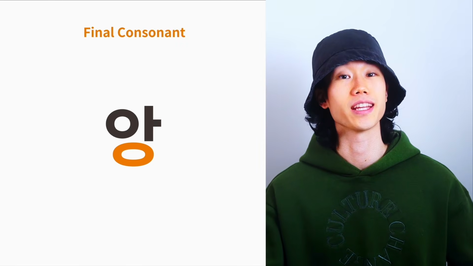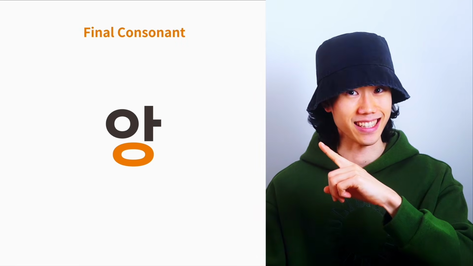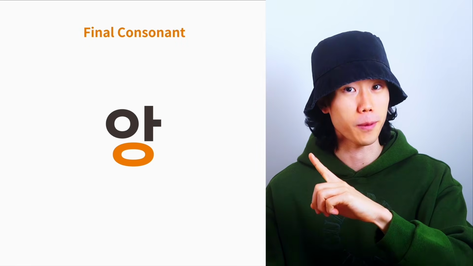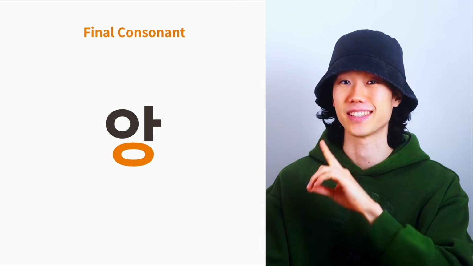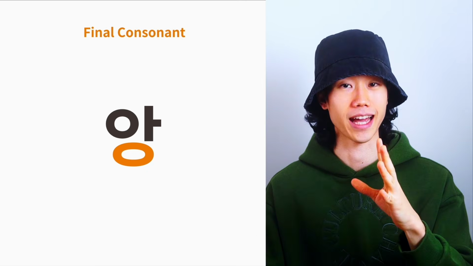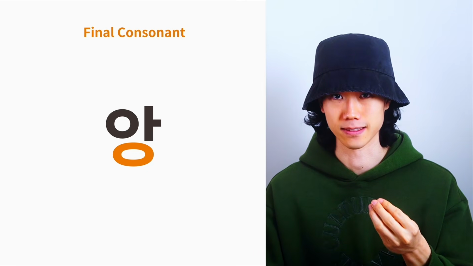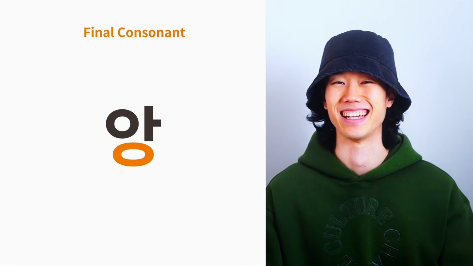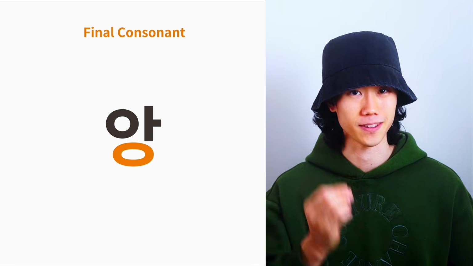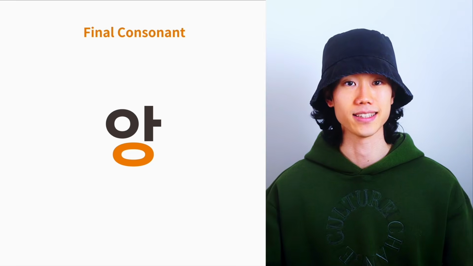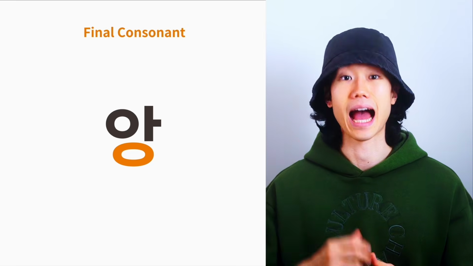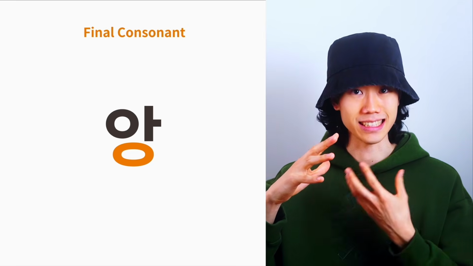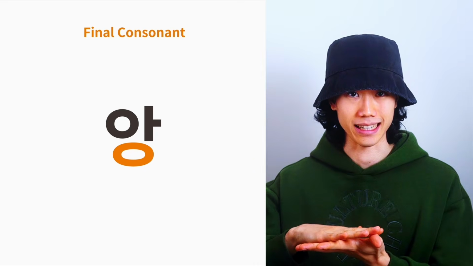If there's one thing to remember from today, it's this. It's super important. Again, this circle-shaped consonant is pronounced as 응 when it is placed in the final consonant. Got it? So, in the case of this syllable, it is pronounced as 앙. 아, 응, 앙.